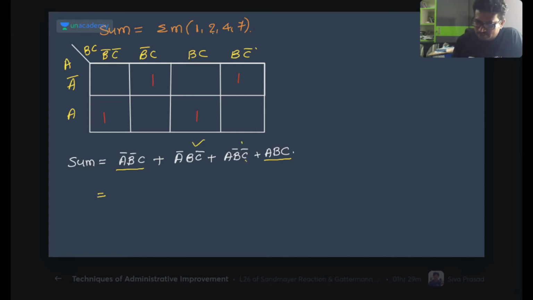If I take C bar common, what I will get is A bar B plus A B bar, isn't it? Plus here also, what we can do is take C common: A B plus A bar B bar, into C, isn't it?